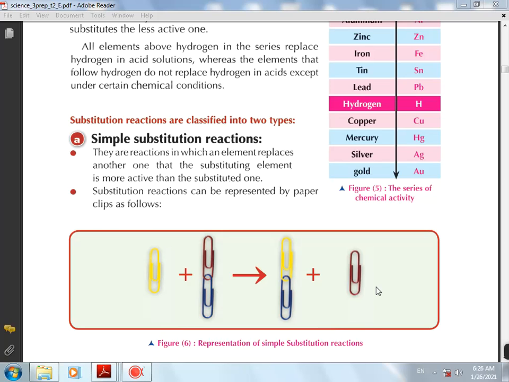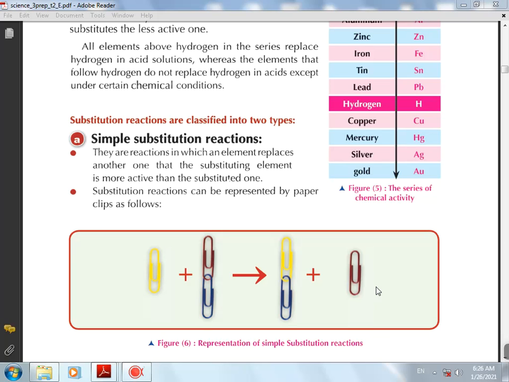The first type, simple substitution reaction. They are reactions in which an element replaces another one, that the substituting element is more active than the substituted one. تمام؟ عندنا element can replace another element in which the first element is more active than the second element.